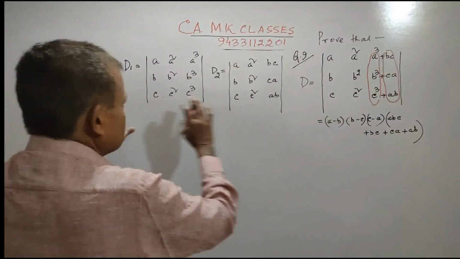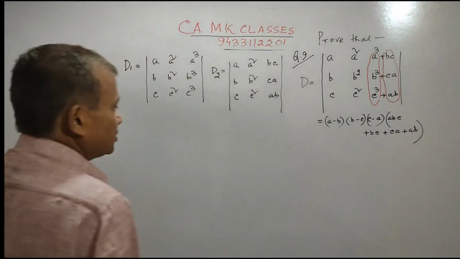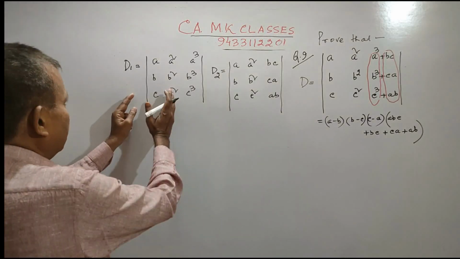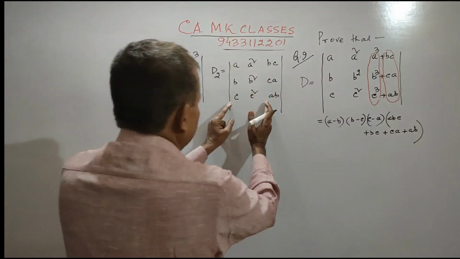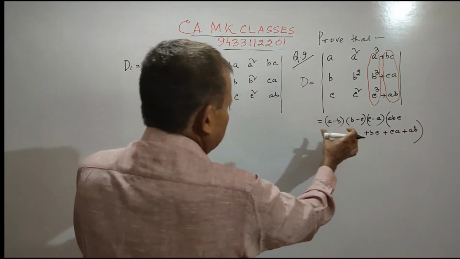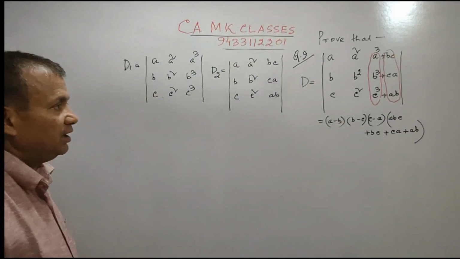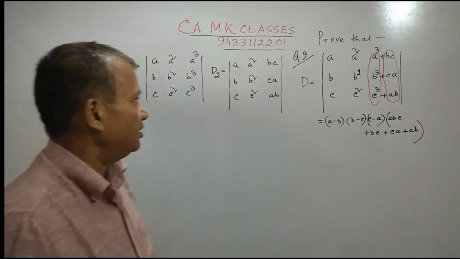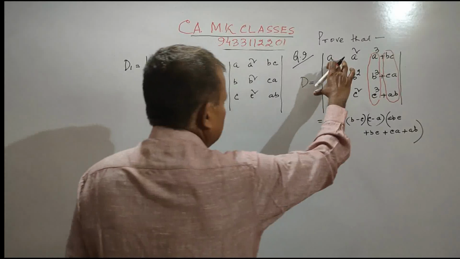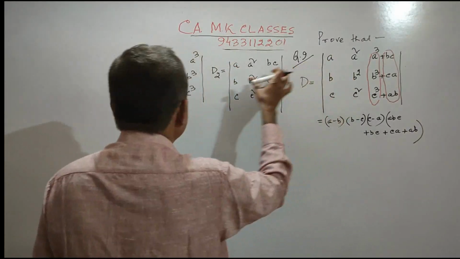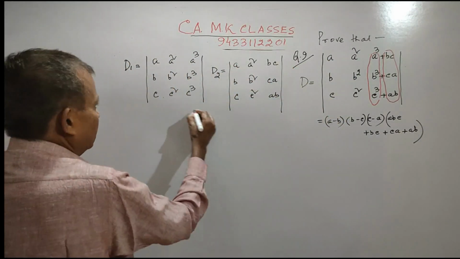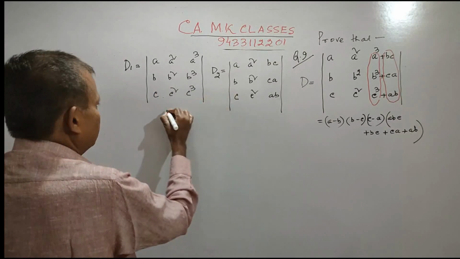So let us start with the operation, and if we find this out, we can arrive easily at the answer. So the LHS, this determinant on the left hand side, can be divided into two determinants.